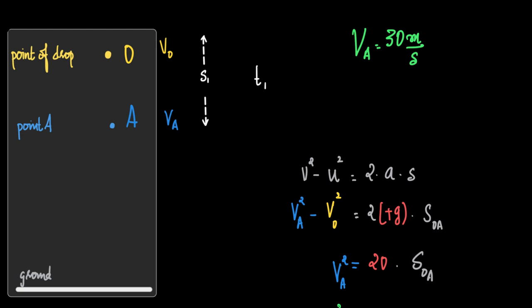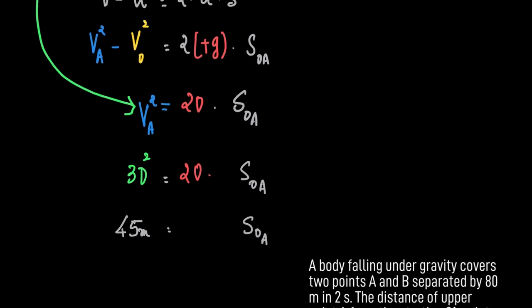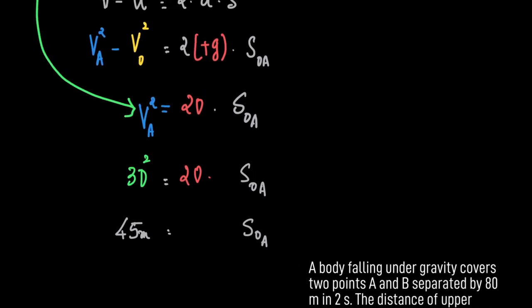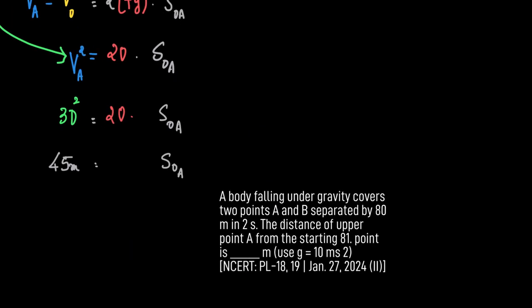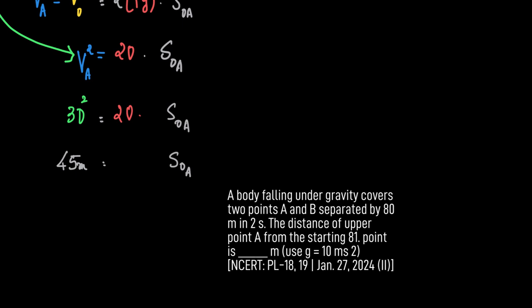Now we can plug in this VA: 30 square is equal to 20 into SOA. 30 square is 900. Now 900 by 20 is 90 by 2, which is 45. Therefore, the answer to this question is that the distance of point A from the starting point is 45 meters.